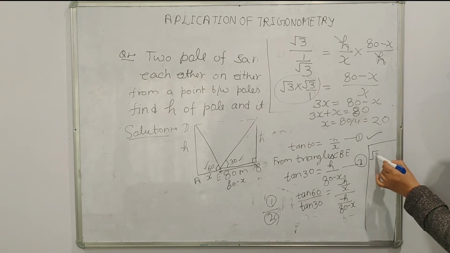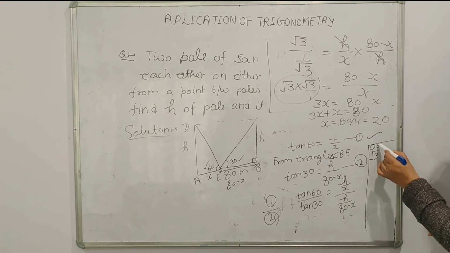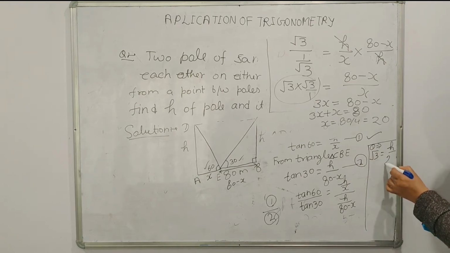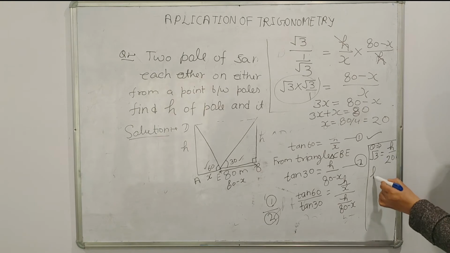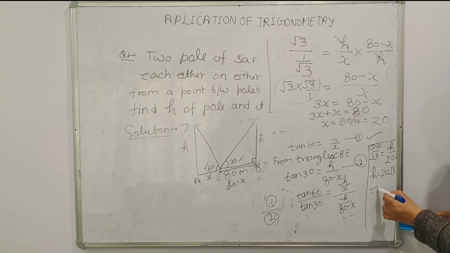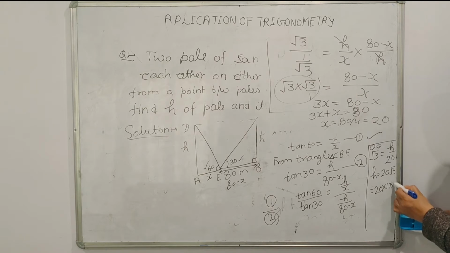So root 3 is equal to h divided by x, which is 20. So h is 20 root 3, which is the height of the pole, or you can write it as 20 multiplied by 1.732, which is the value of root 3.